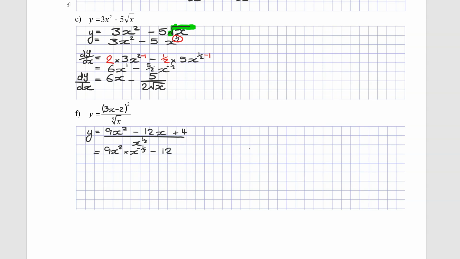Then 12x times x to the negative third, and then plus 4x to the negative third. Now we have to collect like terms, or simplify these terms out.